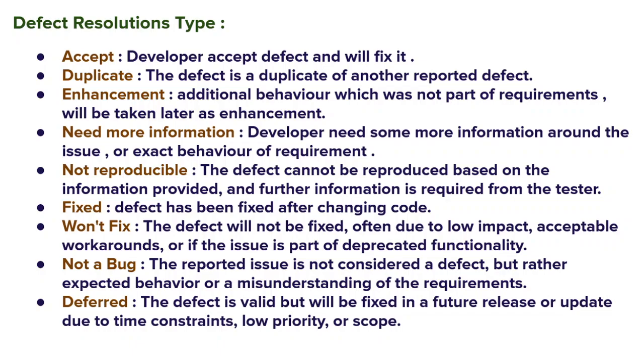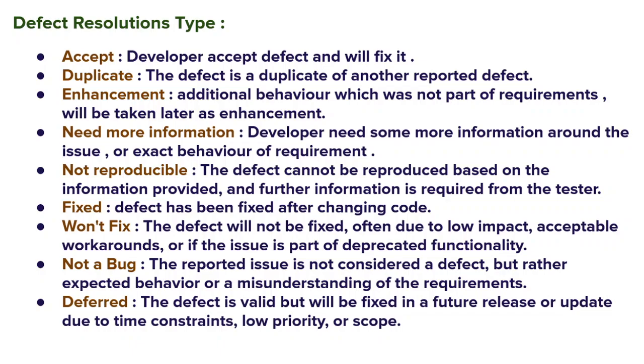One tester can report an issue to the developer and another tester can also report a similar issue. In that situation, the developer will add the duplicate resolution type to one of the issues, for the defect which is a duplicate of another issue which is already reported.